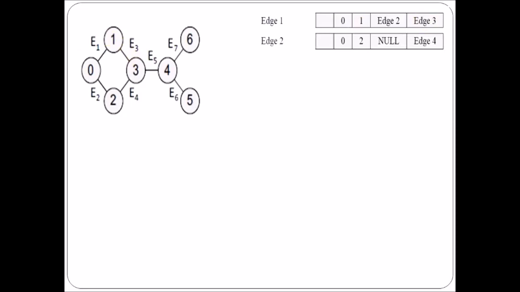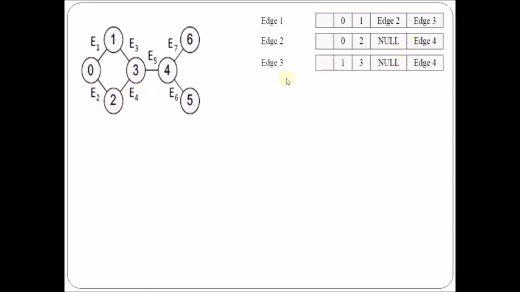Similarly for E2, E2 is between the two nodes 0 and 2. So I have mentioned here source node is 0, destination node is 2. Now from 0 there exist two edges, one is E2 and the second one is E1. As we have already discussed E1, that's why I have mentioned here null, and for E2, that is node 2, there exists an edge E4.